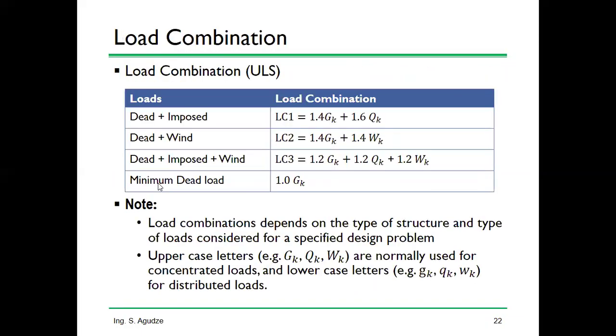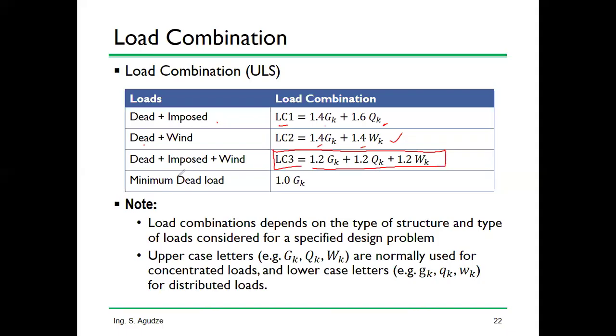For example, if dead load and imposed load are acting, then in load combination 1 we use 1.4 GK, and the imposed load is 1.6 QK. If it is dead plus wind, these are the factors applicable. And if it is all three of them, this is the formula you use to calculate the design load, right?